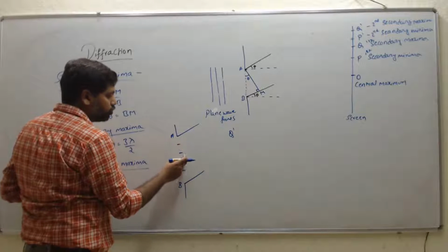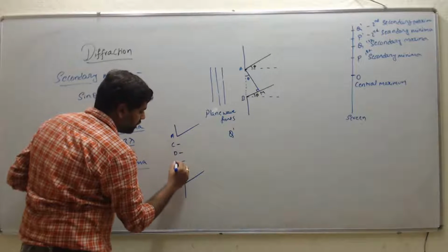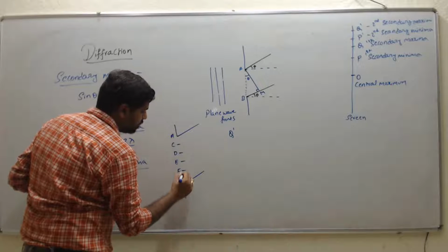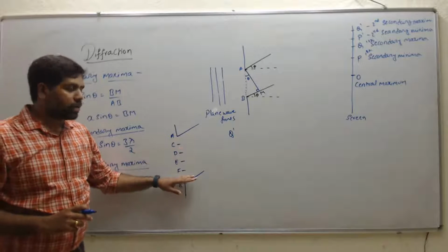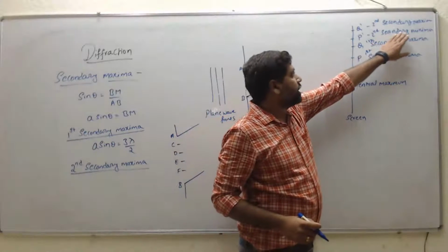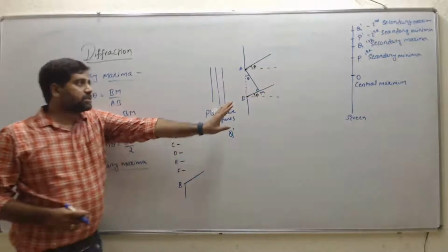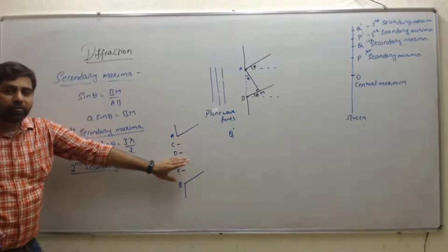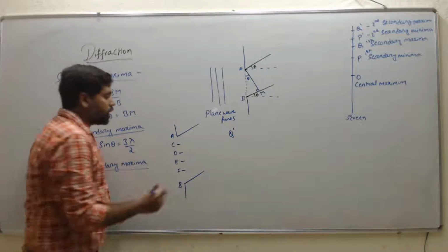So here C, D, E, F, right? So like this, in the last one, for secondary minima, we divided the slit into 4 equal parts. For the next secondary maximum, we are dividing the wavefront AB into 5 equal parts.